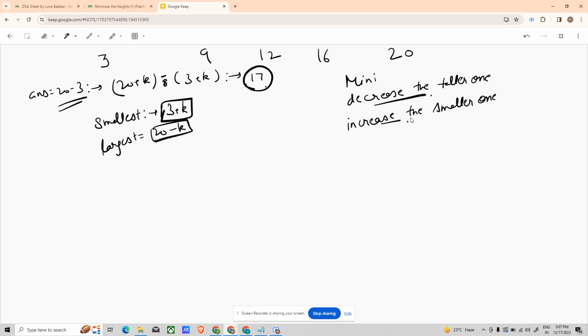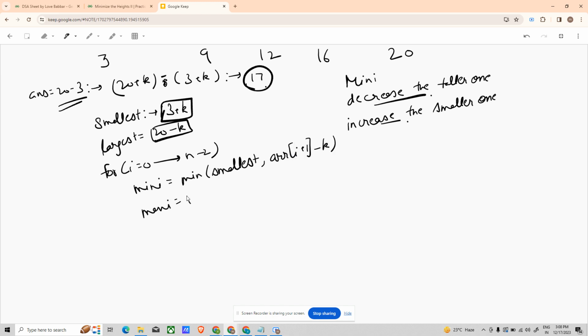All right. Both the steps are done. Now start a loop for I equal to 0 and move up to the n minus 2th index. Each time find a mini that is the minimum of smallest and ARR of I plus 1 minus k, and a maxi that is the maximum of largest and ARR of I plus k.